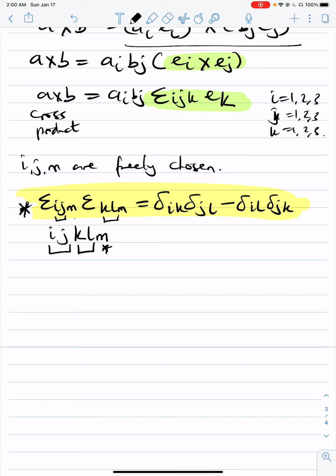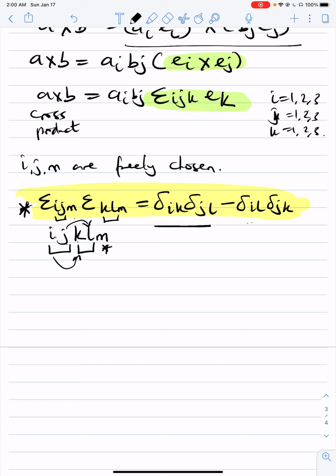Good. Then if you look at this Kronecker delta expression, this i comes to pick k, and this j comes to pick l. That's how this expression is formed. Minus the other: then this i goes to pick l, while this j and k remain together. You may not be required to memorize it, but that's the way I simply know it.